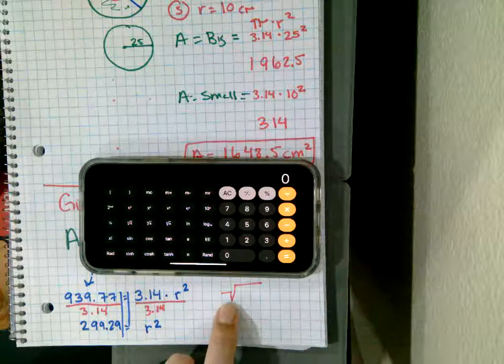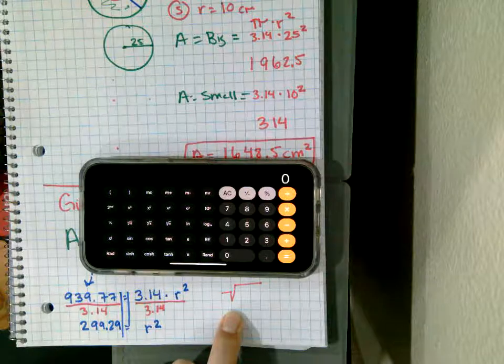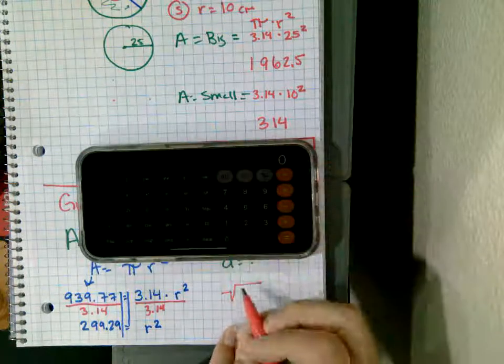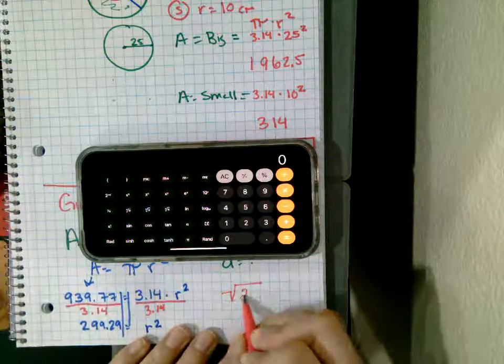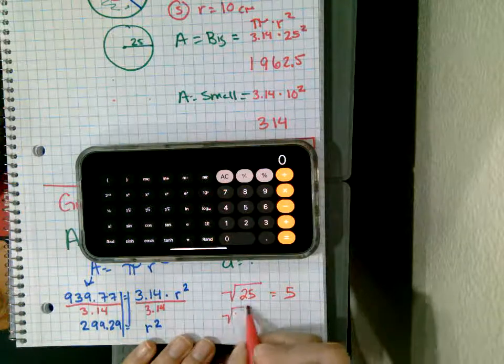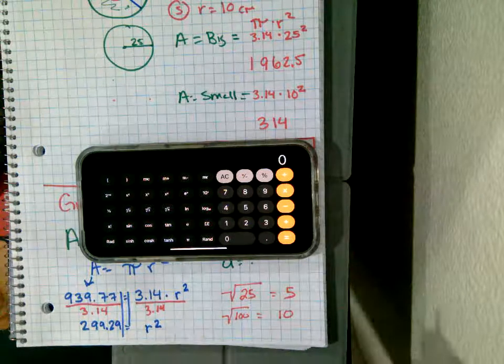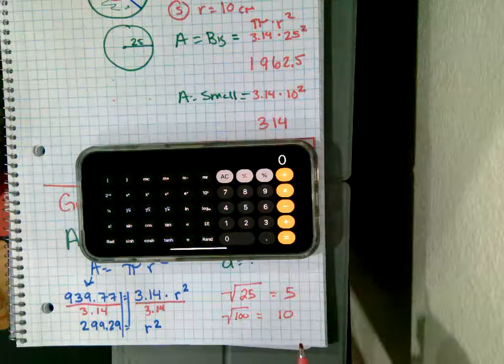This is the square root. It's the opposite of squaring. So for example, if I take the square root of 25, it is equal to 5. If I take the square root of 100, it is equal to 10. It's the opposite of squaring.